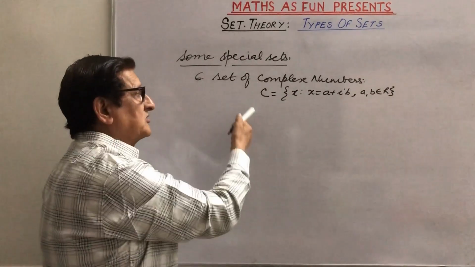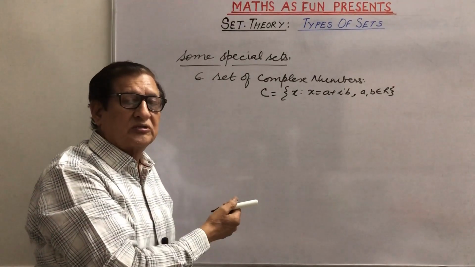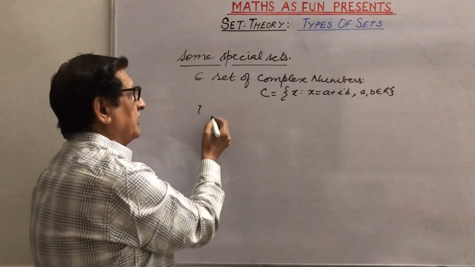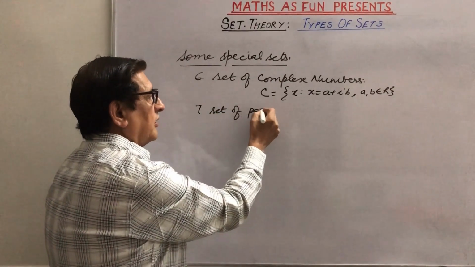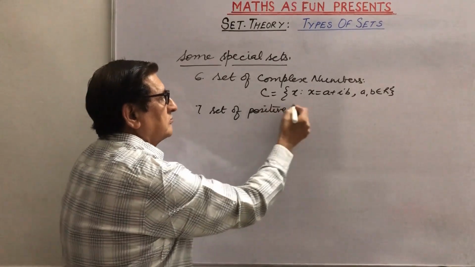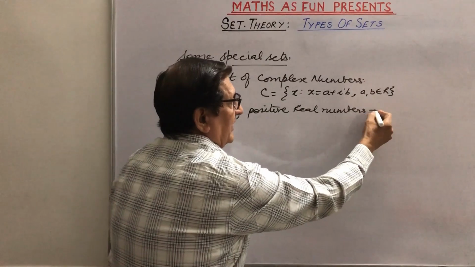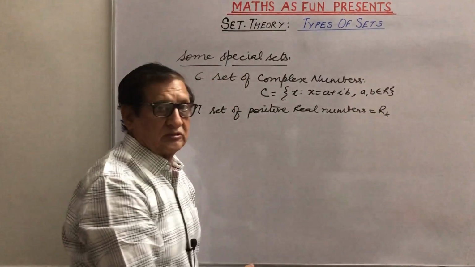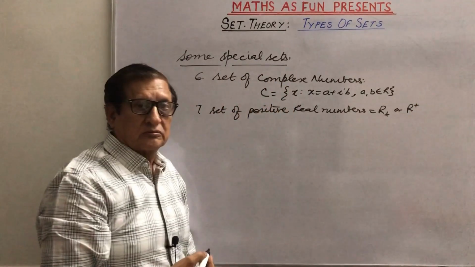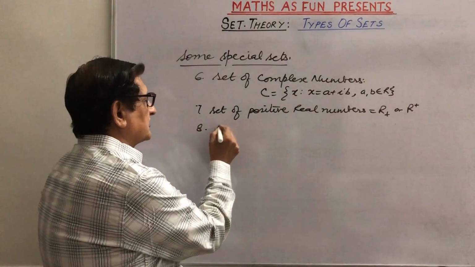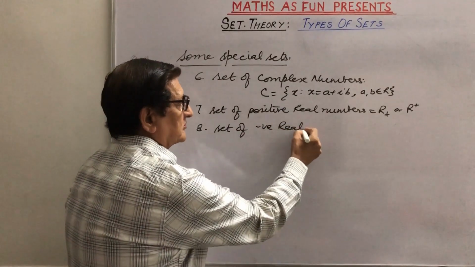Now after these we are going to represent either positive numbers or negative numbers. If we represent the set of positive real numbers, that will be represented by R plus. Next is the set of negative real numbers.